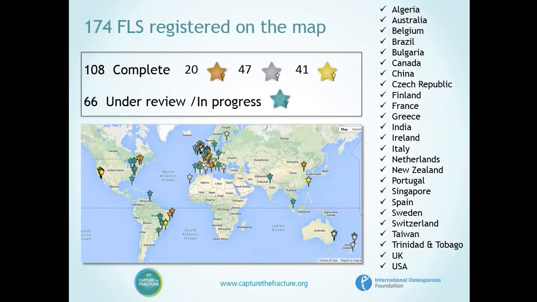As of yet, we have 174 fracture liaison services registered on the map, and you can see that they are all over the globe, which is quite interesting. This means that the standards meet the criteria, the building blocks that are necessary for starting a fracture liaison service anywhere in the world.